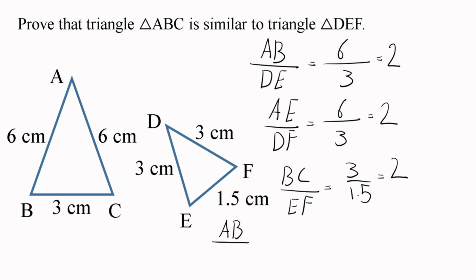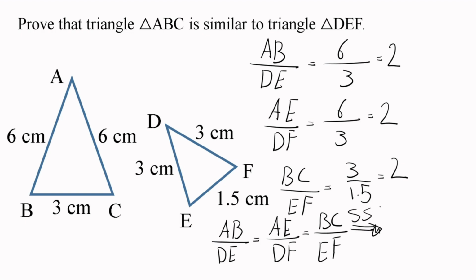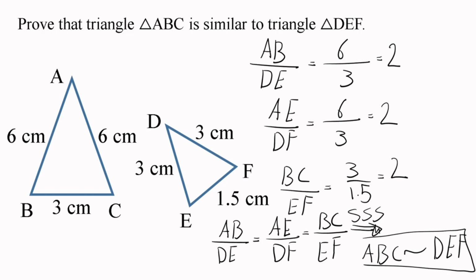So ratio of all the corresponding sides are in proportion, AC over DF and BC over EF. So I can realize that based on the method, which we call SSS or side, side, side, the triangle ABC is similar to triangle DEF. Really easy.